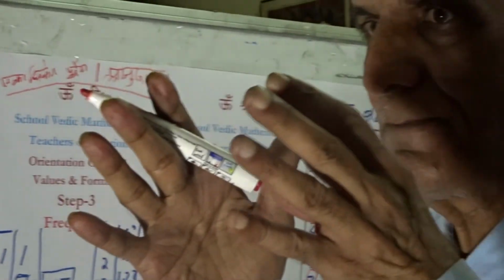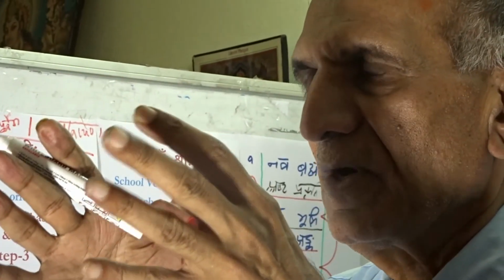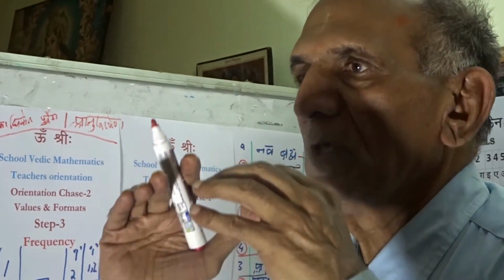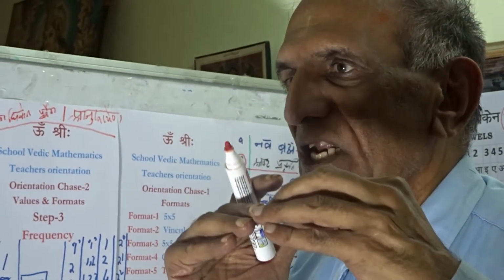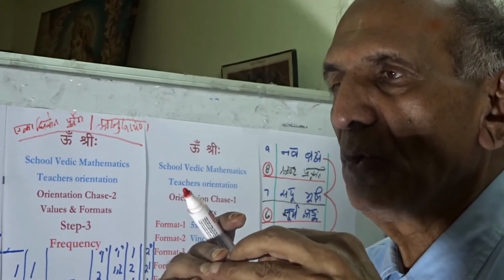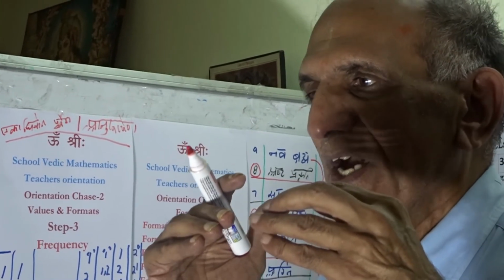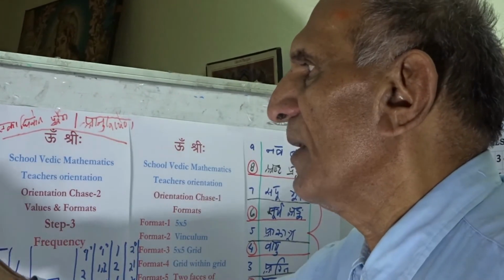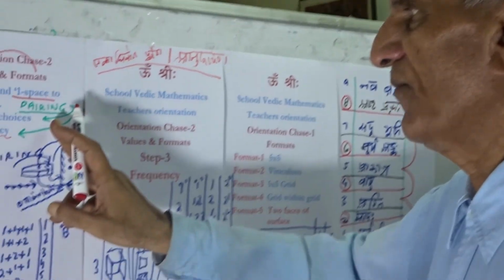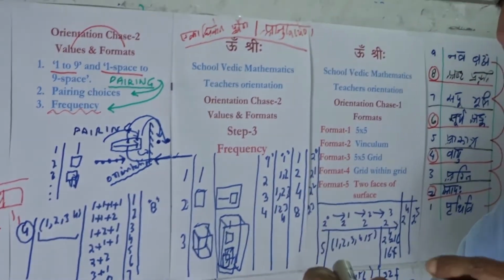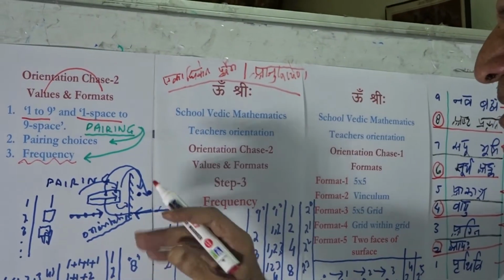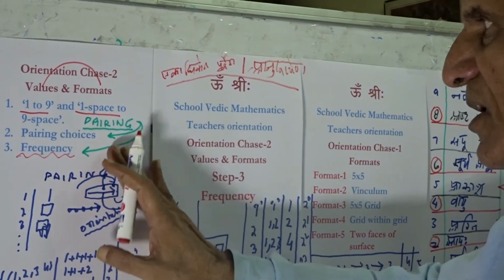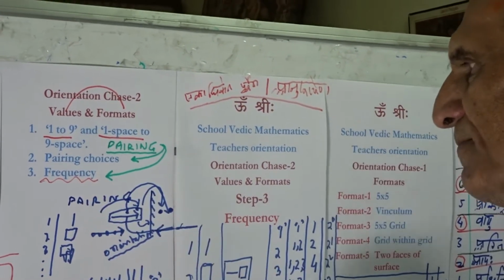From the simple concept of pairing, we reach the mathematics of pairing choices, and from there take a further leap forward to reach pairing frequencies.